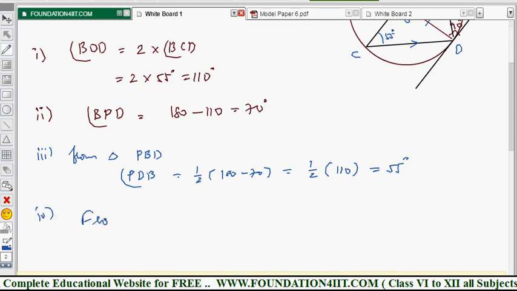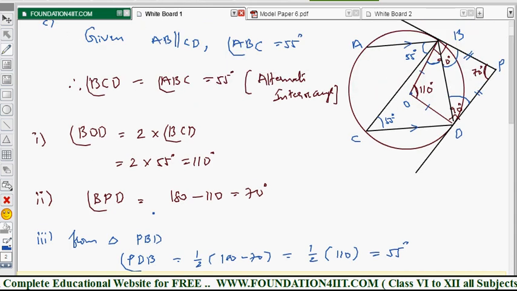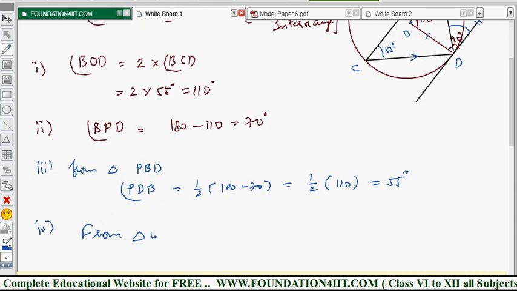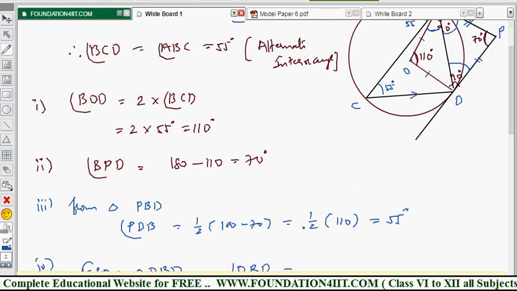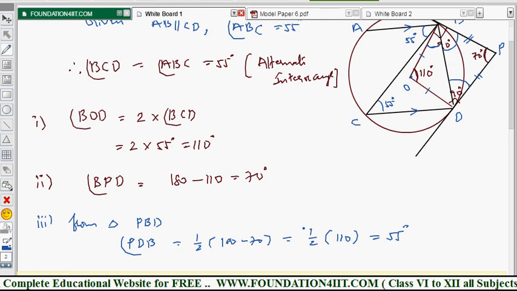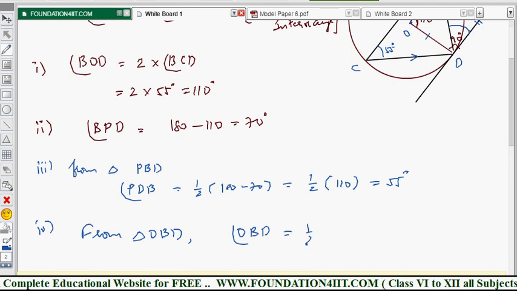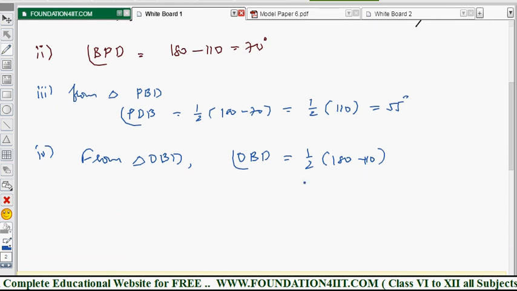From triangle OBD, they asked for angle OBD, the same half of 180 minus 110, because the radii are equal.